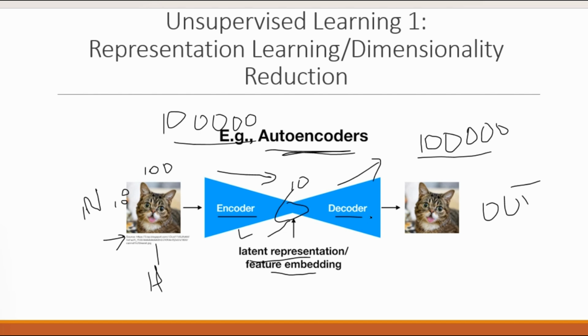The decoder is able to reconstruct the original image from this small dimension. It means that this dimensionality here is sufficient to encode important information about the data. So in that way, it's also dimensionality reduction.